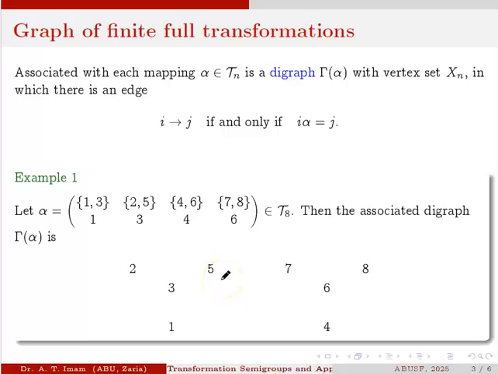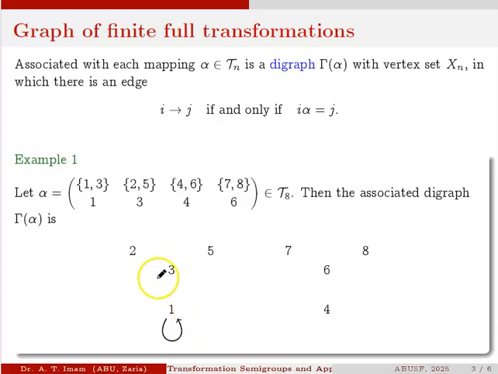And once you have the vertices of the graph, then you can start assigning directed edges. Because 1 is mapped to 1, there will be an edge from 1 to 1, namely a loop. And then because 3 is mapped to 1, we have an edge from 3 to 1. Likewise, there is also an edge from 2 to 3 because 2 is mapped to 3 under the mapping alpha. And then we have an edge from 5 to 3 also.